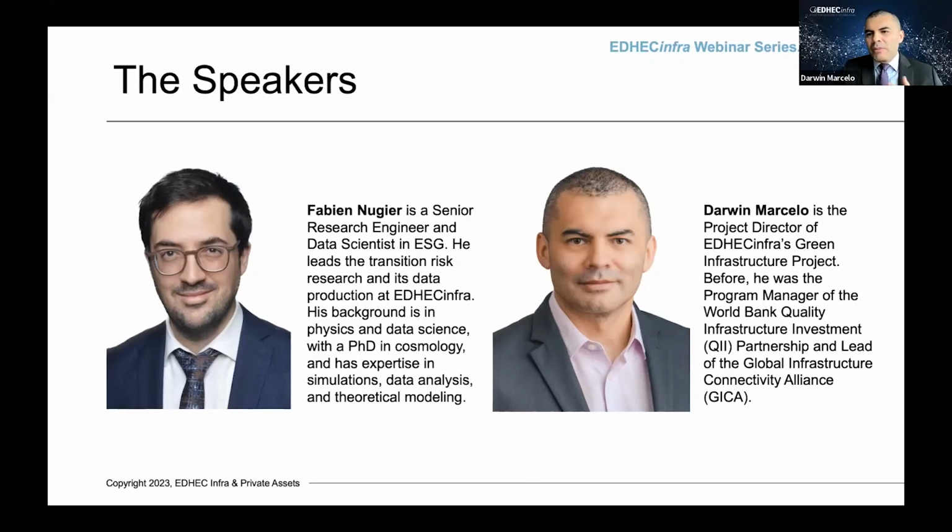Myself, I'm Darwin Marcelo. As Natalia mentioned before, I'm the project director of the Green Infrastructure Project at EDUC Infra. Before joining EDUC, I was with the World Bank as program manager of the Quality Infrastructure Investment Partnership, and also was the lead of the Global Infrastructure Connectivity Alliance.